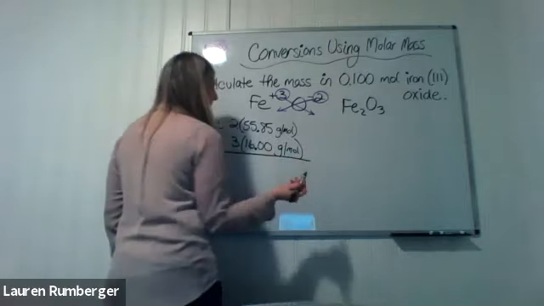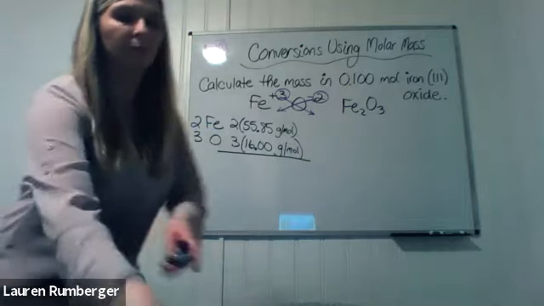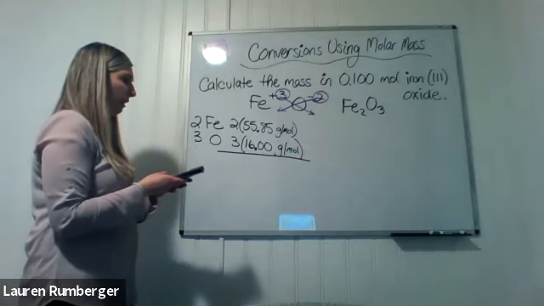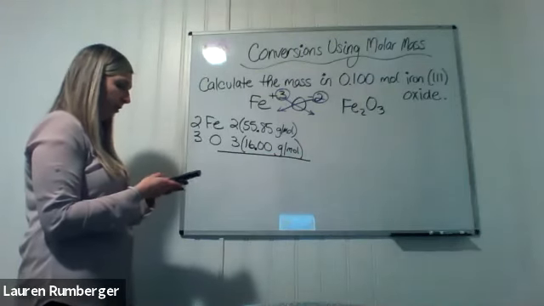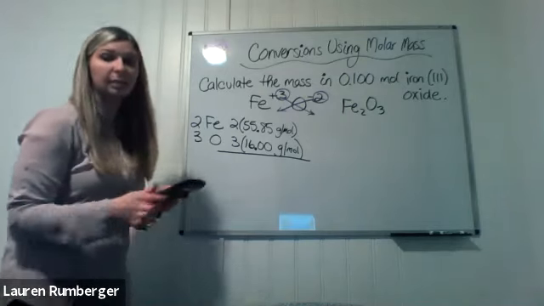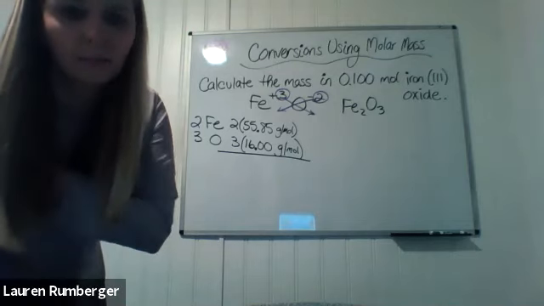Now, when we add these masses together, we're going to do 2 times 55.85 plus 3 times 16. This is giving us a molar mass of 159.7.